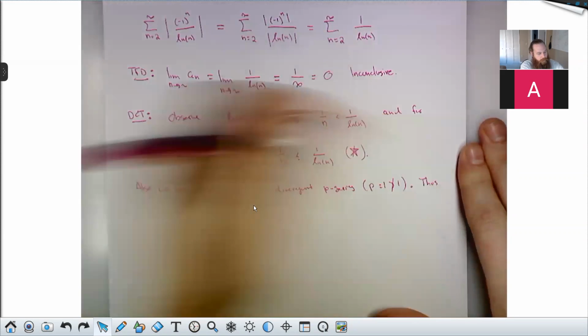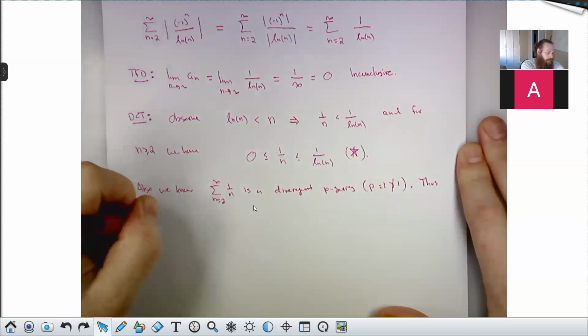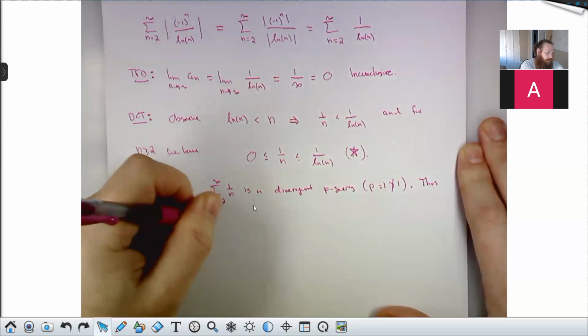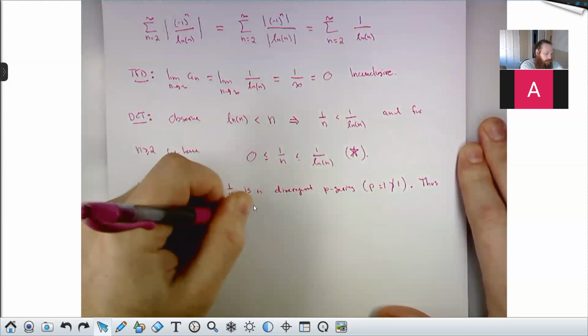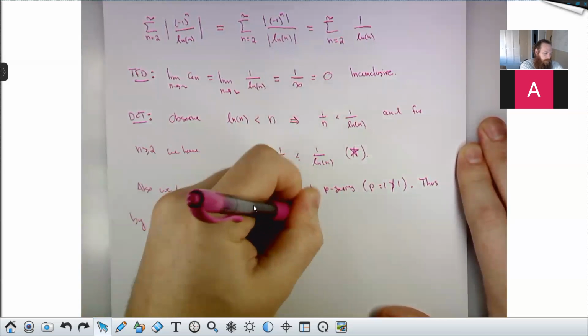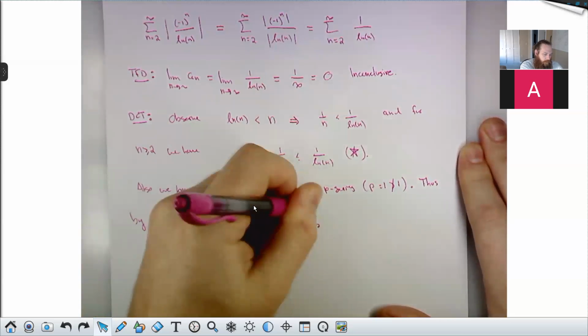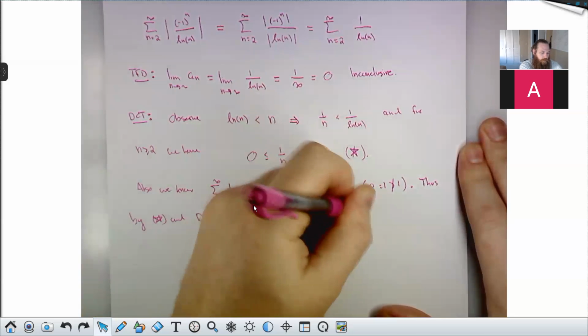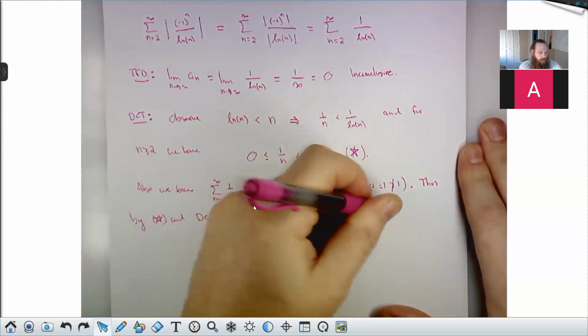Thus, by the inequality star and the direct comparison test, it follows that sigma n from 2 to infinity of 1 over the natural log of n diverges.